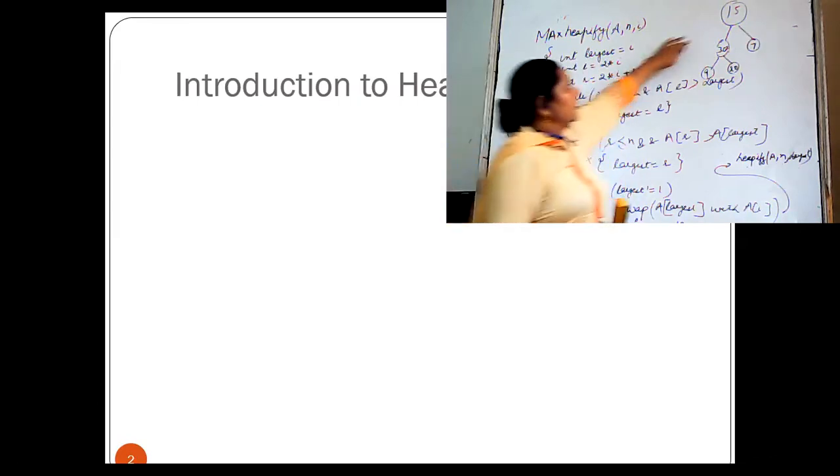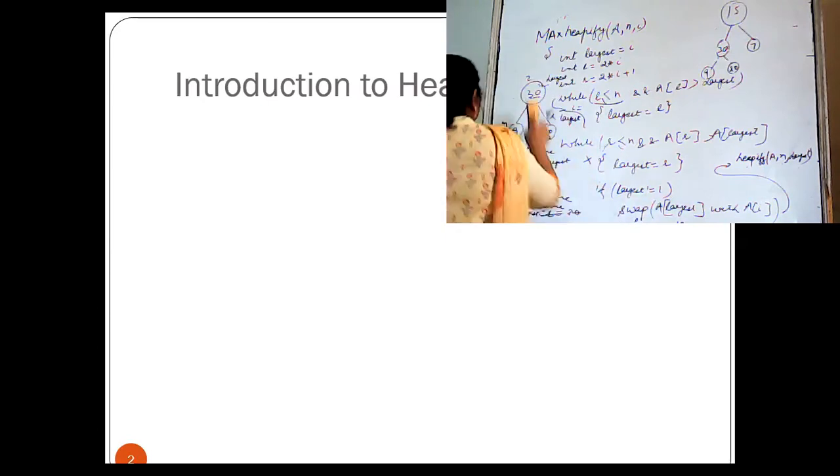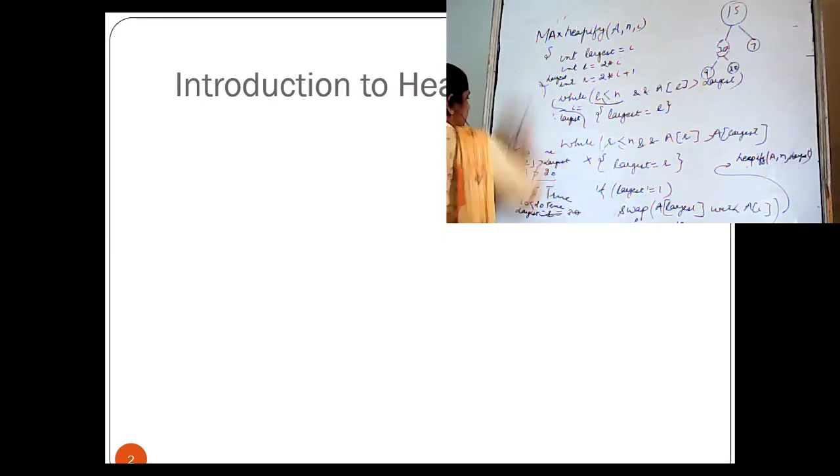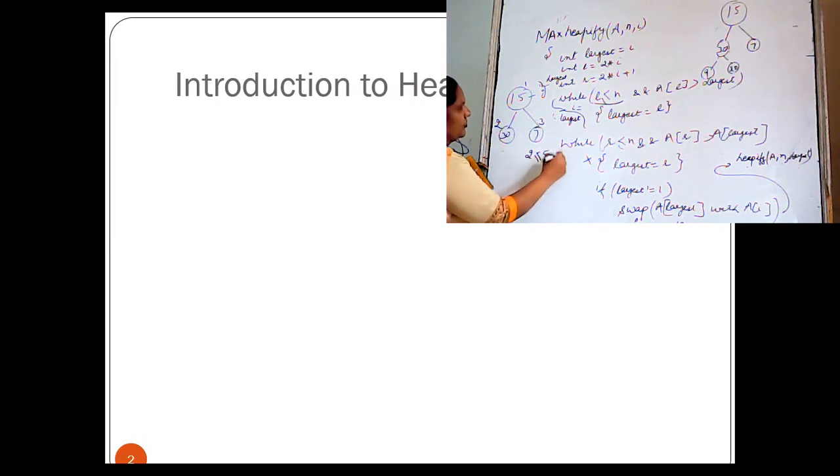Now you again call the heapification on this. How we will call it? 15, 30 and 7. Largest is equal to parent node, that is I, and this condition 2, 3, 1. So total number of elements are 5. 2 is less than 5, condition true.